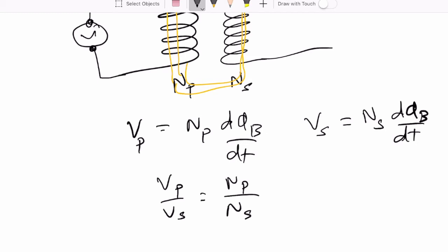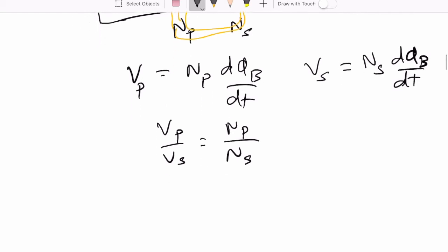So by conservation of energy, the energy that's delivered to one coil has to equal the energy that's delivered to the other coil, right? So P, which is V times I, has to be constant. So that means Vp Ip is equal to Vs Is.